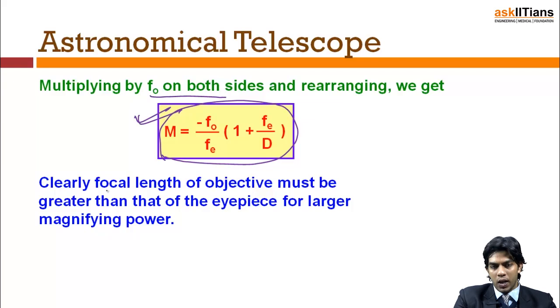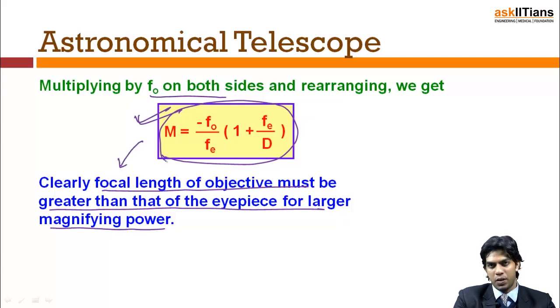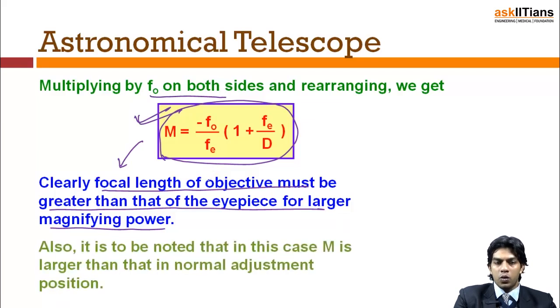So clearly the focal length of the objective must be greater than that of the eyepiece for larger magnifying power. It's pretty evident from the expression. It's just a mathematical expression put into words. Also, it is noted that in this case, M is larger than that in the normal adjustment position.